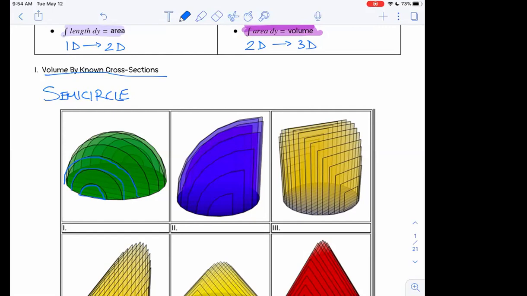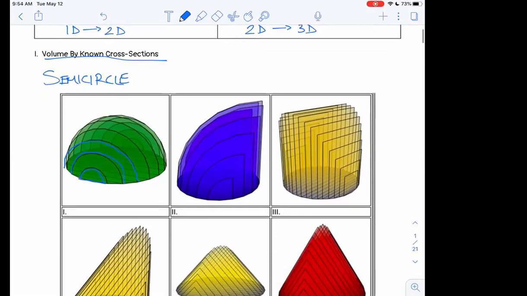What is the area formula for a semicircle? One half pi r squared. Yeah, 1/2 pi r squared. So let's say maybe like pi over 2 r squared, or we could say 1/2 pi r squared.